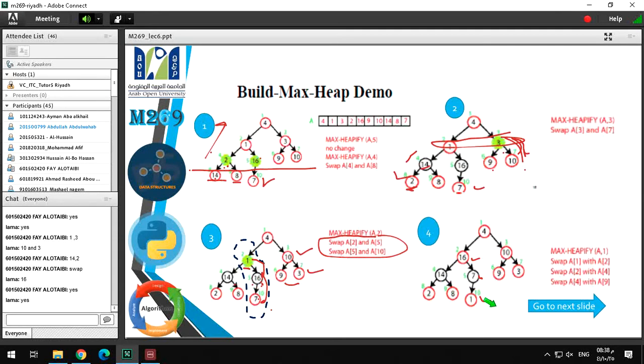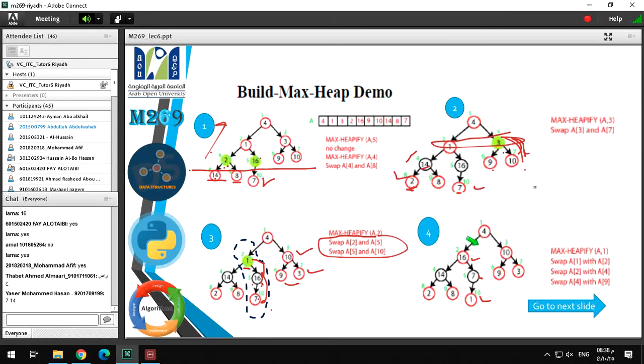Are we done? Okay, I think Amal is the one who's more focusing. Not done yet. We said we continue up to reach 1. This is 1.